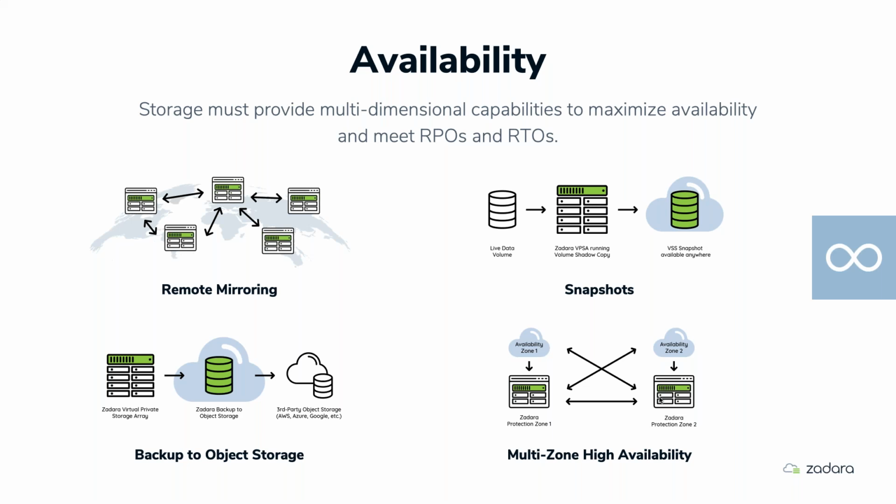Here at Zadara, we like to solve that by having the ability to provide mirroring. You can see that in the top left. Snapshots are a big deal in the way in which they work and the control that they give you. Multi-zone high availability is exactly what it says. There's tremendous flexibility in the way you design a high availability system using our architecture.